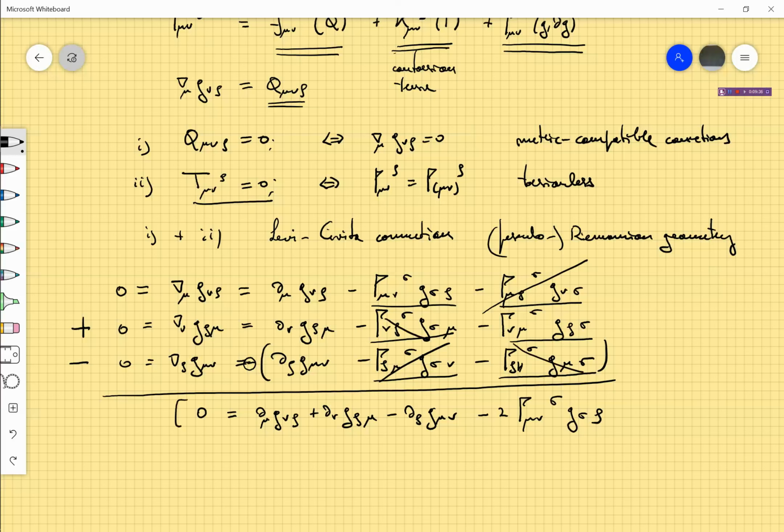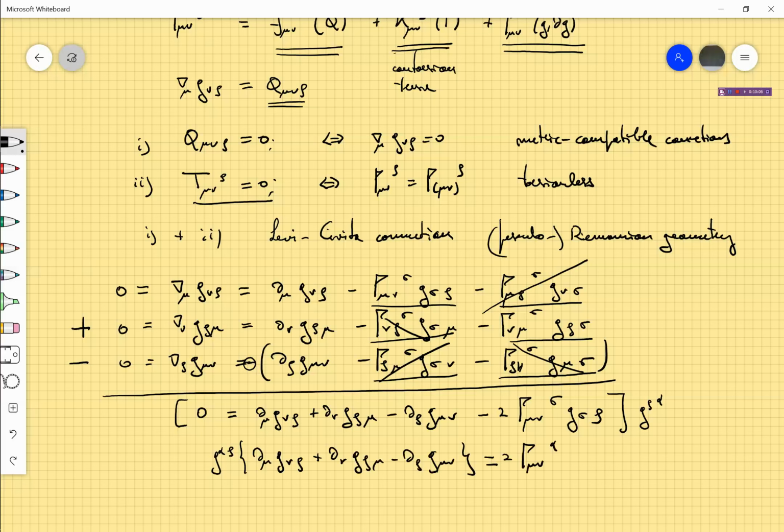Well, now I can multiply this by g rho alpha, for instance, and then I get g alpha rho, partial mu g mu rho plus partial nu g rho mu minus partial rho g mu nu, and minus 2 gamma mu nu alpha.